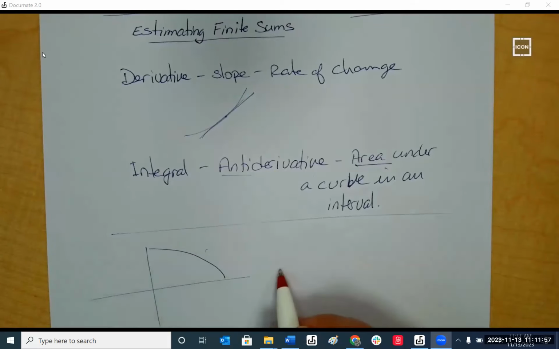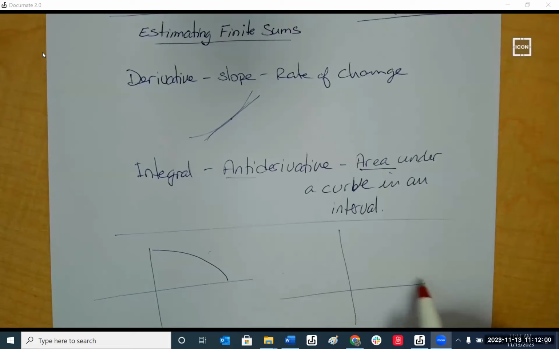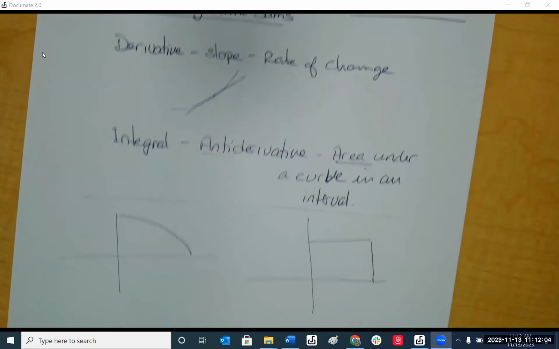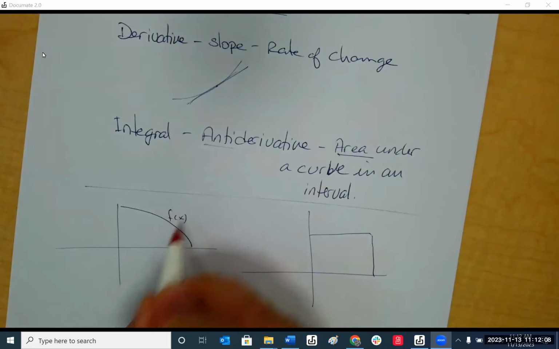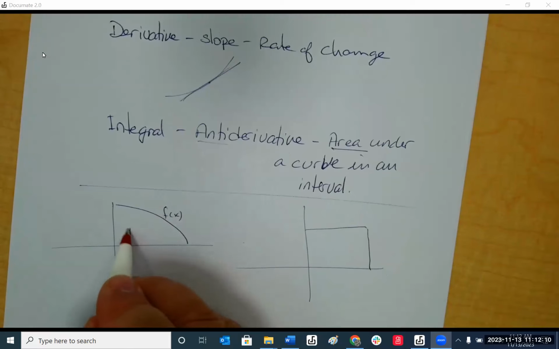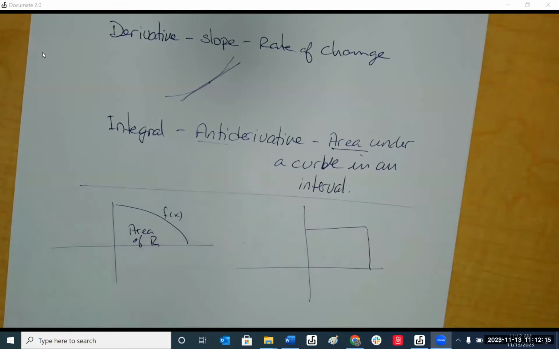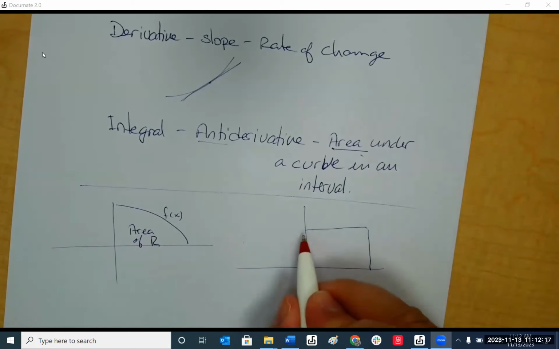Well, we'll get to that eventually. Let's first talk about a rectangle, because this curve will be much more difficult to find the area of the region. It's much easier when we do this.